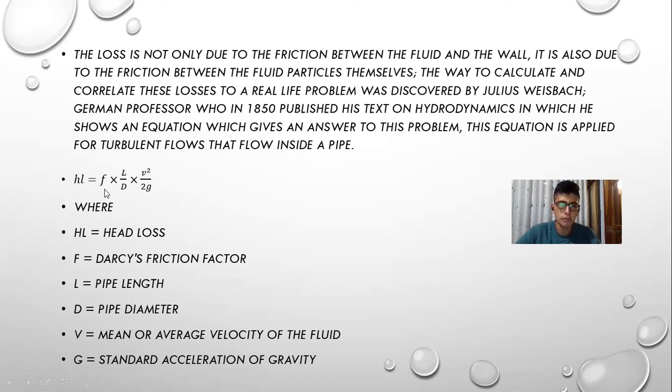This is the equation h = f (L/D) (V²/2g), where h is head loss, f equals the Darcy friction factor, L equals pipe length, D equals pipe diameter, V equals mean or average velocity of the fluid, and g equals standard acceleration of gravity.